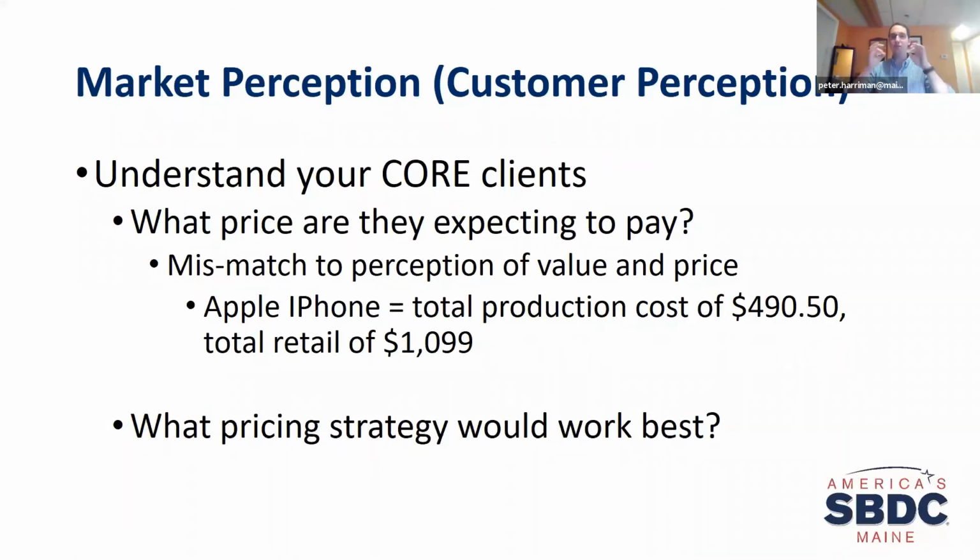So remember, we're trying to match your core clients' expectations with the value that you're offering them. We're using the competition as kind of like a guide. Okay, a cheap quality product should be this, a high quality product should be this. So we have this range of what the competition is at, but we have to understand our core clients, to understand, okay, what is my core client willing to pay for my product, right?